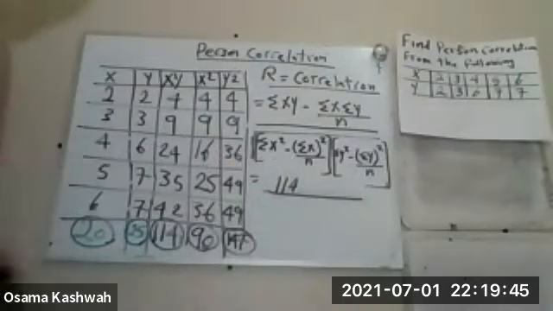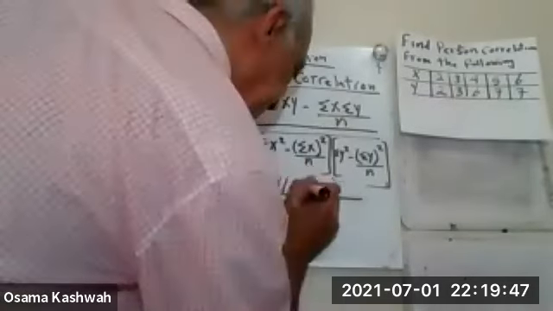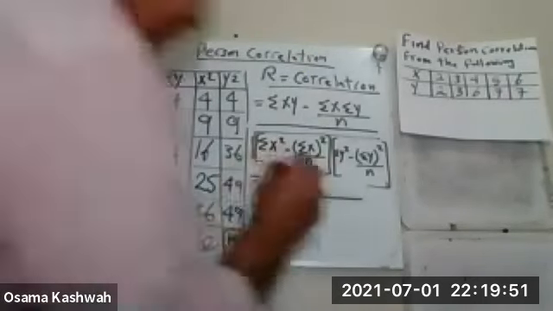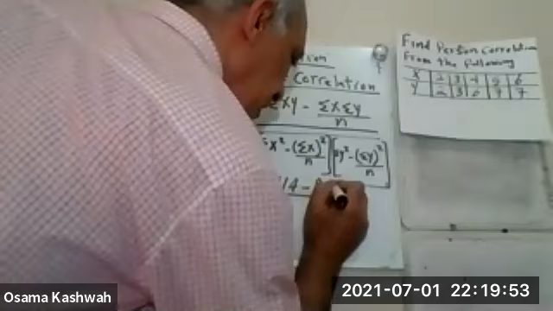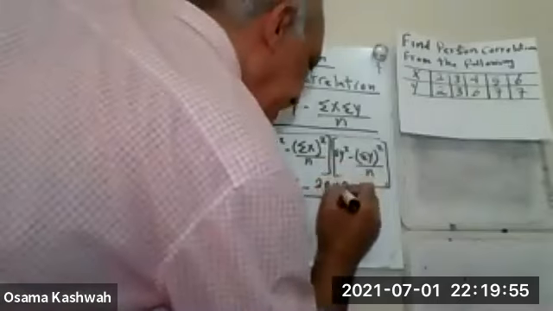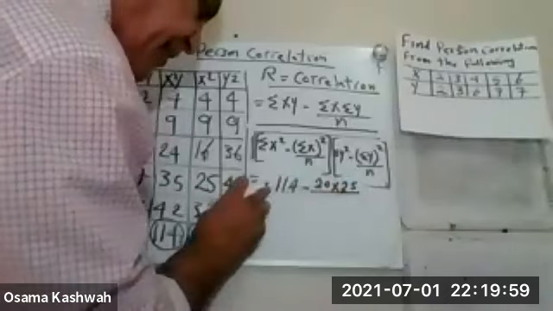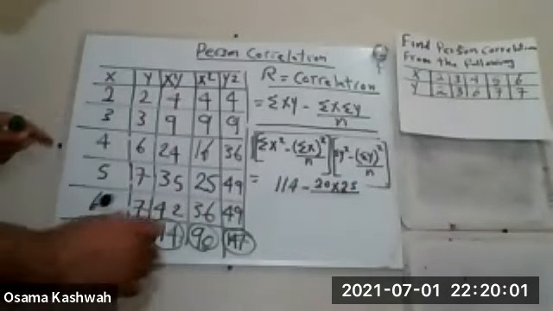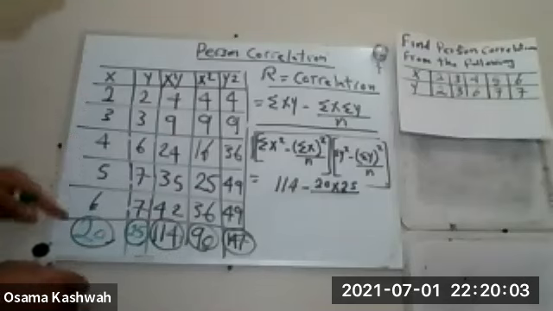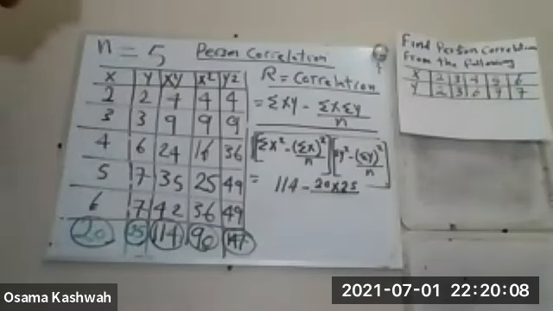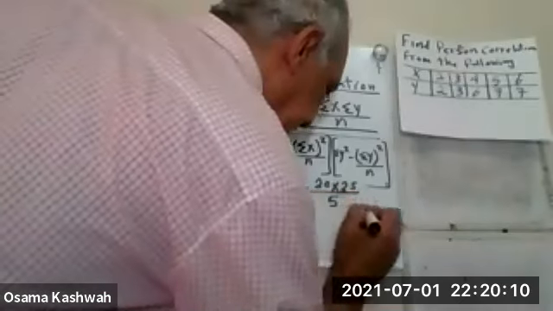Summation xy is 114 minus summation x is 20 times summation y is 25 divided by n. N is the number of observations. We said 1, 2, 3, 4, 5. N equals 5.